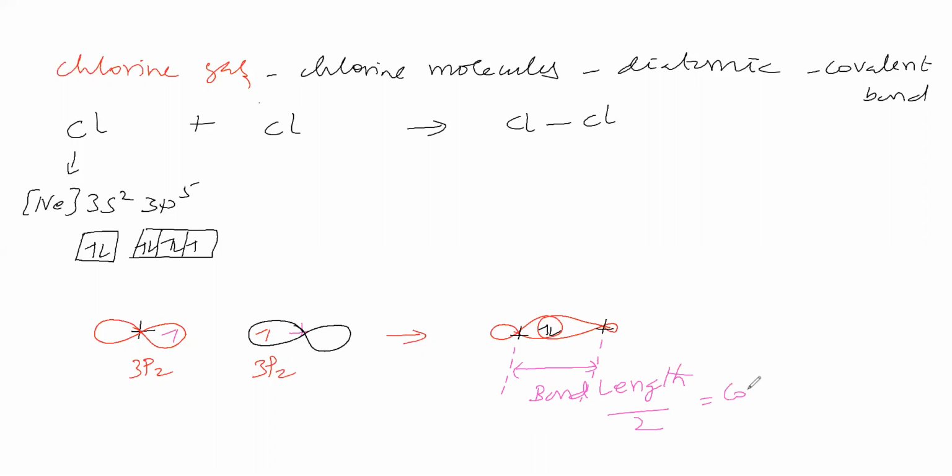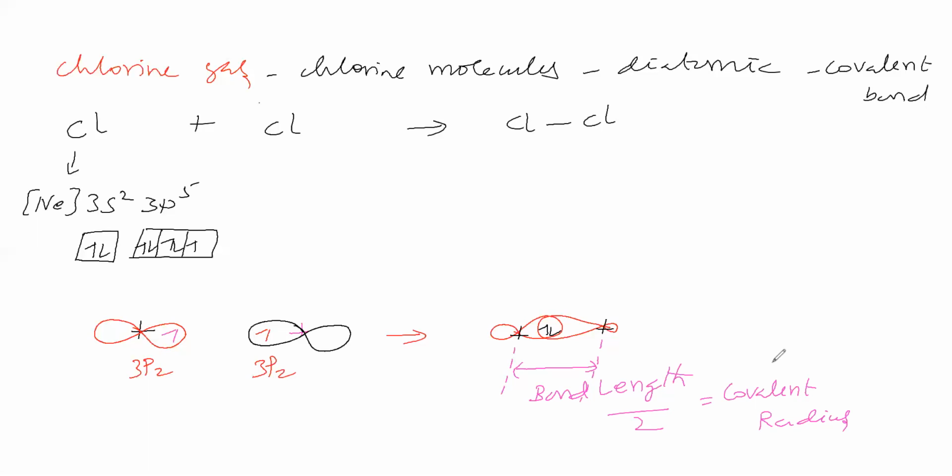Half of the bond length is called the covalent radius. So we got the covalent radius of chlorine. What is the value of the covalent radius of chlorine? That we will see.